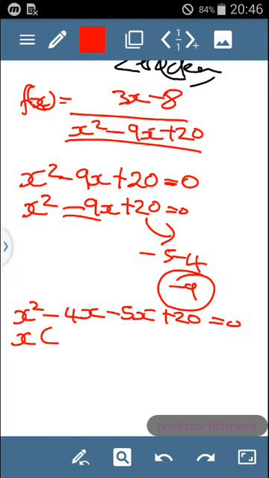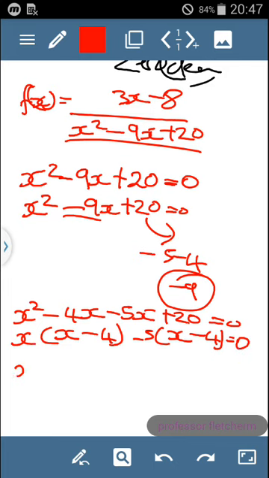Factor out x: x squared gives x, minus 4x gives minus 4. Then the common factor is minus 5: minus 5 into minus 5x gives x, into 20 gives minus 4. This is equal to 0.